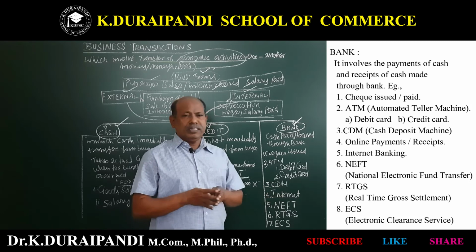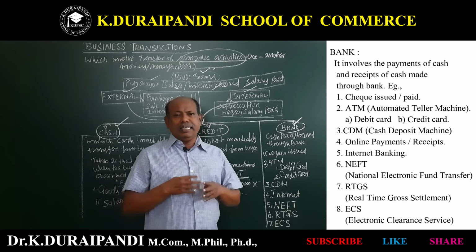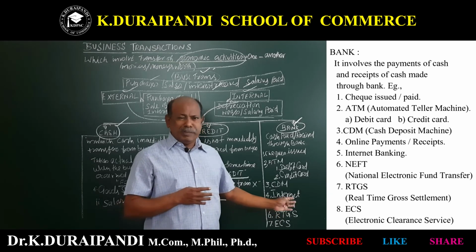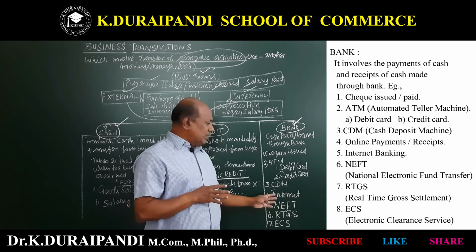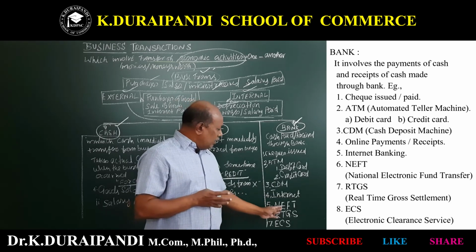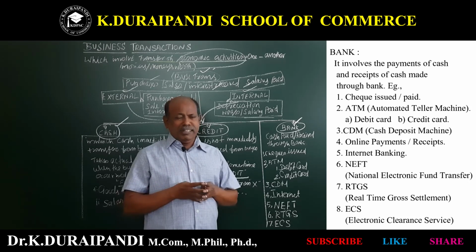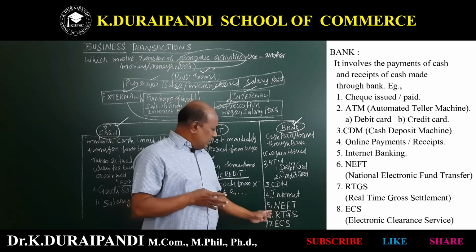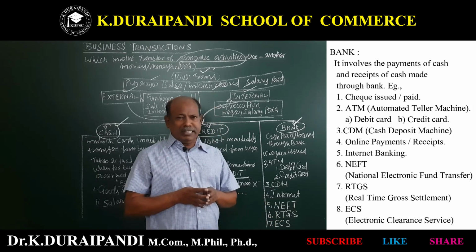Next, CDM, cash deposit machine. Any customer depositing an amount in the cash deposit machine, it is considered a banking transaction. Like that, internet transfer, internet banking. Then NEFT. What do you mean by NEFT? National Electronic Fund Transfer. Then RTGS, real time gross settlement.